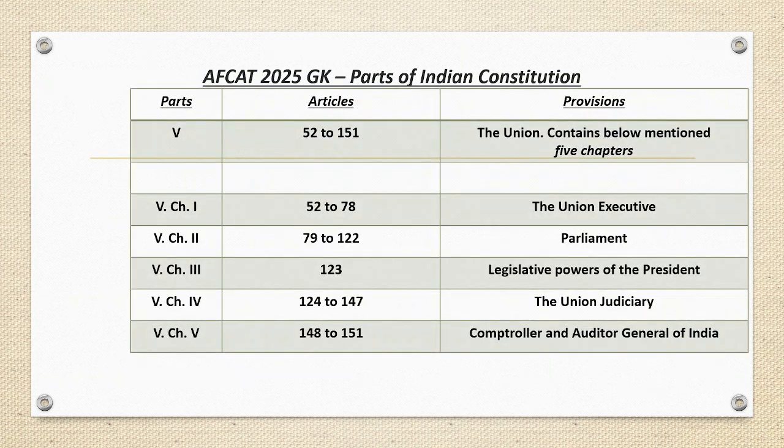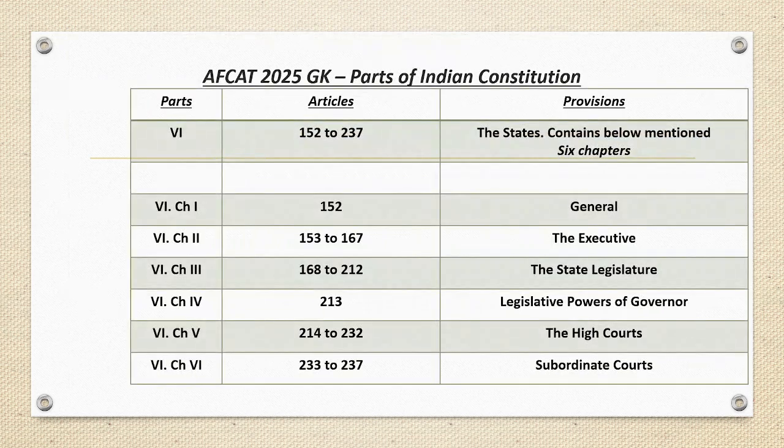And then some of these parts are further divided into chapters. Like part 5 is further divided into 5 chapters: the Union Executive, Parliament, Legislative Powers, Union Judiciary, Comptroller and Auditor General of India.